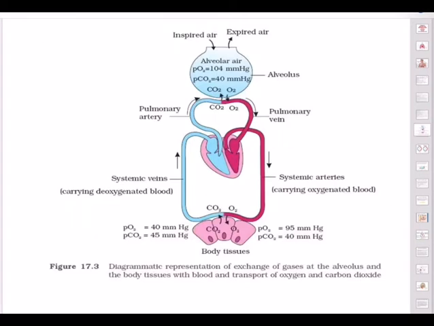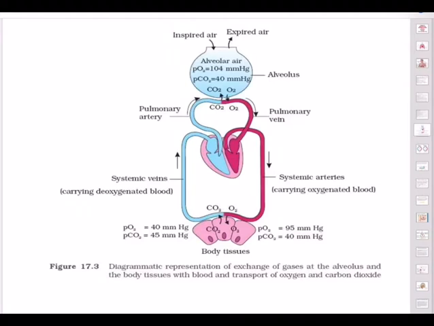Now from tissues it comes back to systemic veins, particularly the long vein that takes all the impure blood from various parts of the body to the heart. There it has to be 45 mmHg. Now from systemic veins carrying deoxygenated blood, from the heart it comes to the pulmonary artery, and pulmonary artery to lungs.